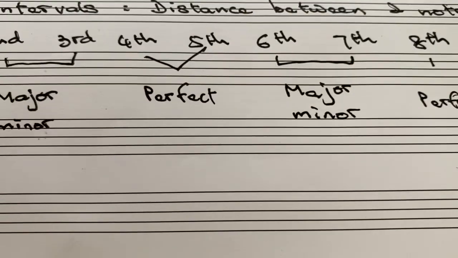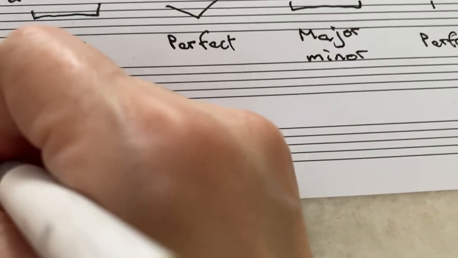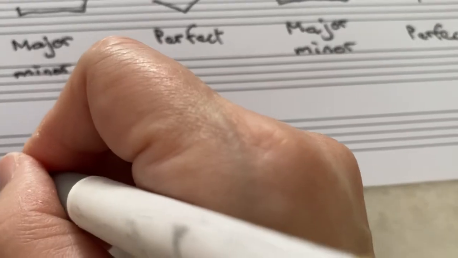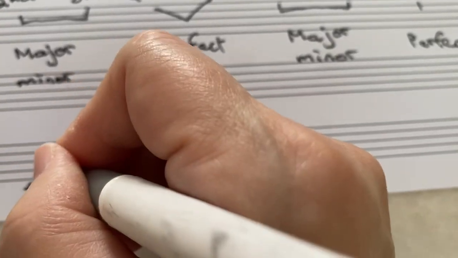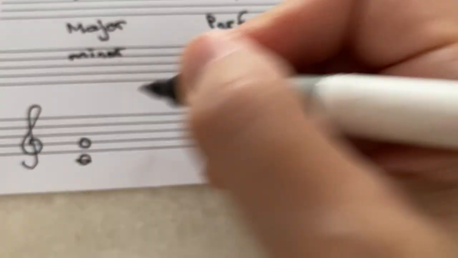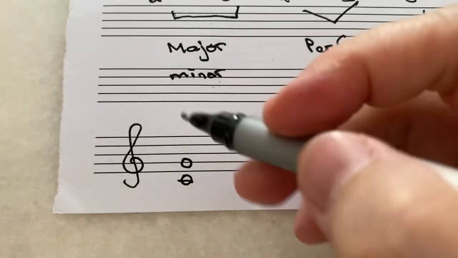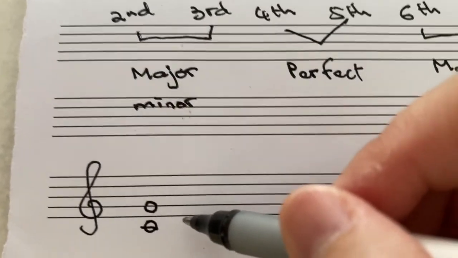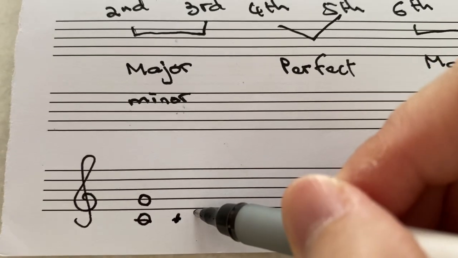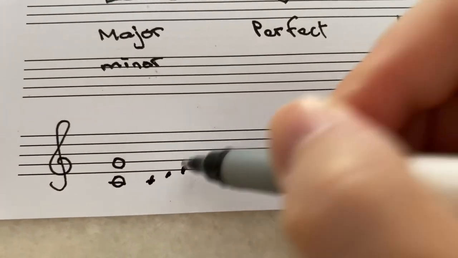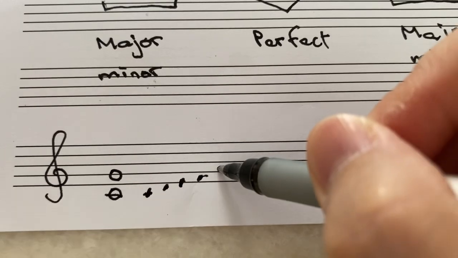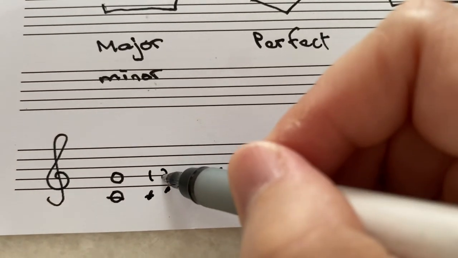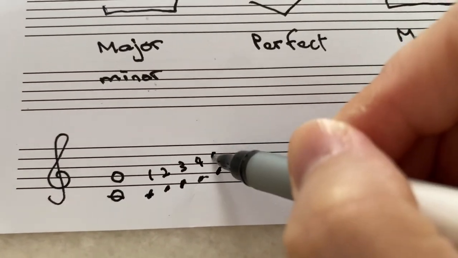So let's give an example. If I were to take, for example, C to G, I first count out the distance. I start from C: C, D, E, F, G. So 1, 2, 3, 4, 5.